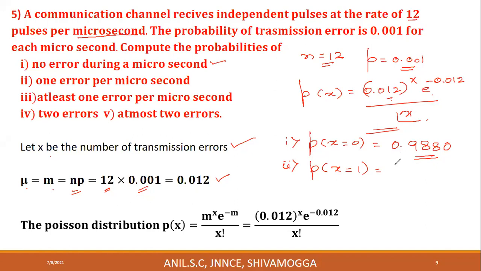Zero point zero one one eight. 0.0118. That must be correct. P when x is equal to 1 is equal to 0.0118.